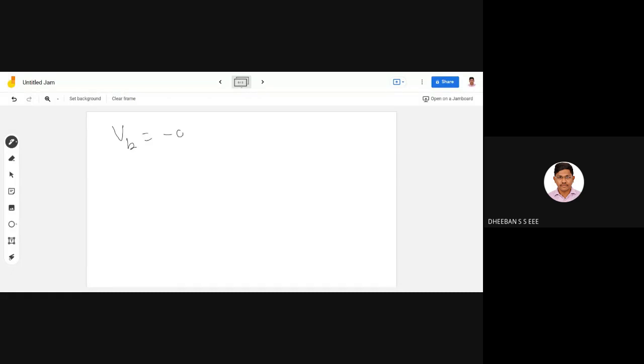VB equal to minus 0.143, which is nothing but your VA0, plus 0.643 into your A square. So both the things will be minus 0.5 minus j 0.866.